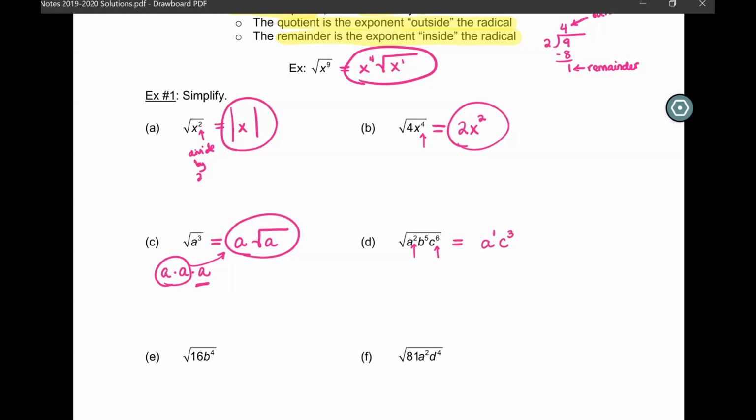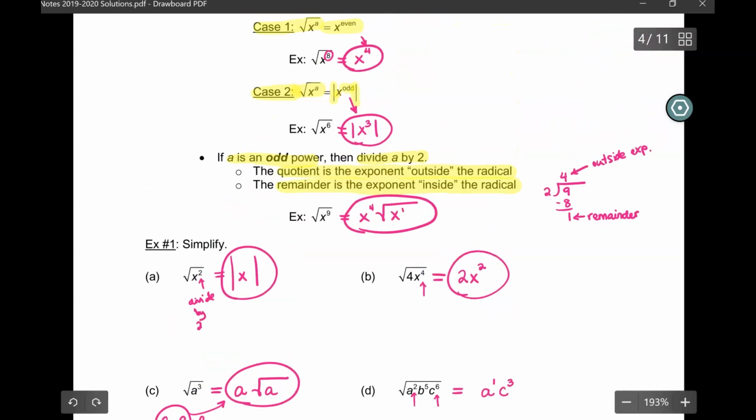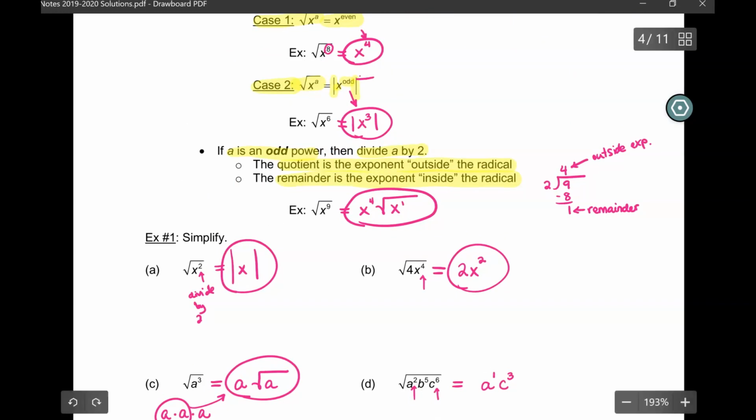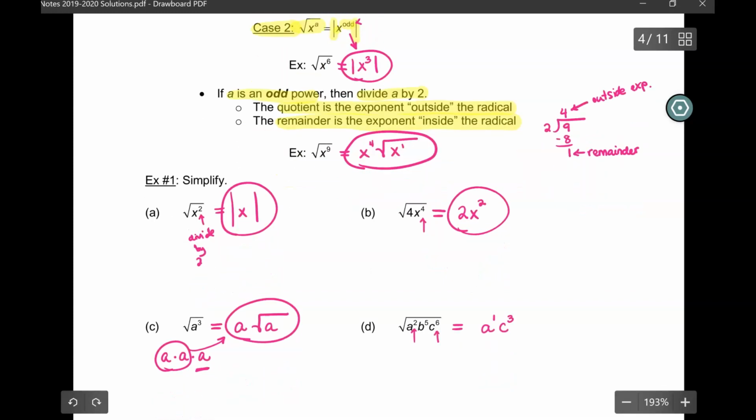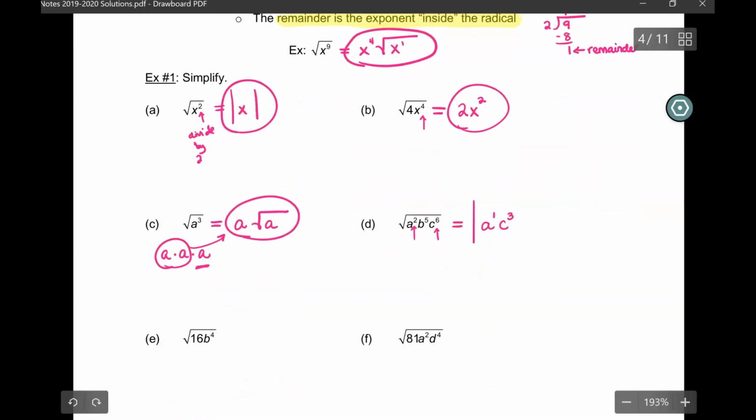Now, both of those had an odd result. So that means I'm going to put an absolute value around these. Now I'm going to look at the b to the 5th. Okay, so 2 goes into 5 2 times.